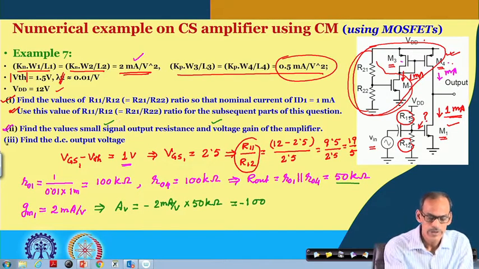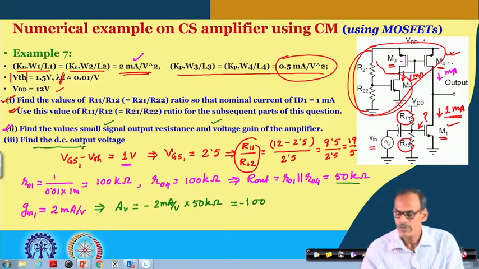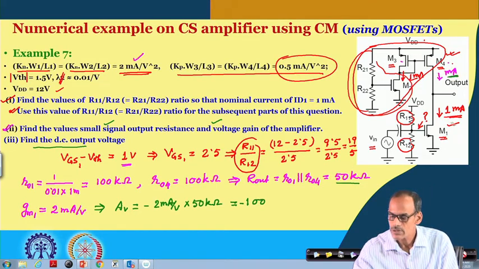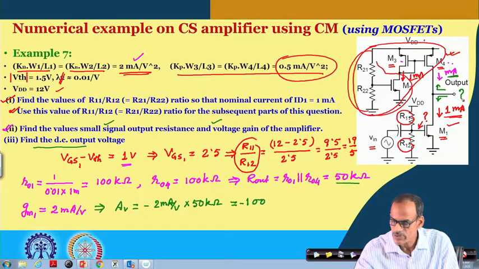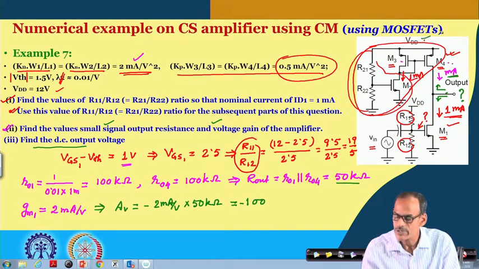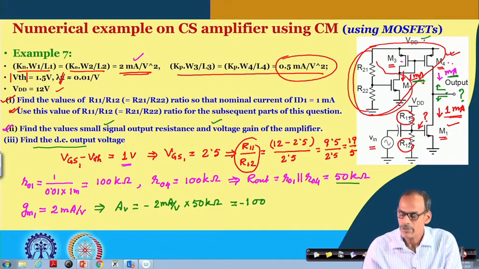Next thing is, what is the DC voltage? We know that these two currents are equal, but both of them have very high resistance, and we need to know the precise value of this voltage. Will it be 6 volt, which is half of this voltage, or something else? We can keep in mind that the current flow here is 1 milliampere, where we have ignored the 1 plus lambda VDS part.